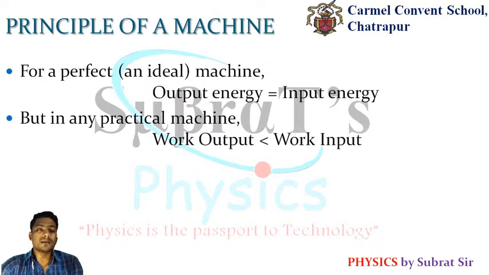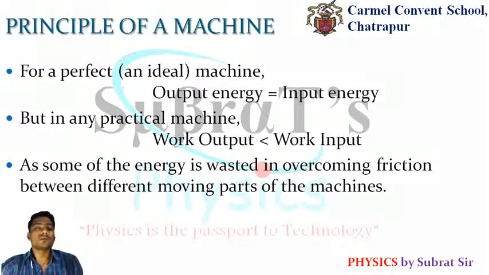But in practical machines, work output is always less than work input, because of the points we have read about why in practice we cannot get a 100% efficient machine.